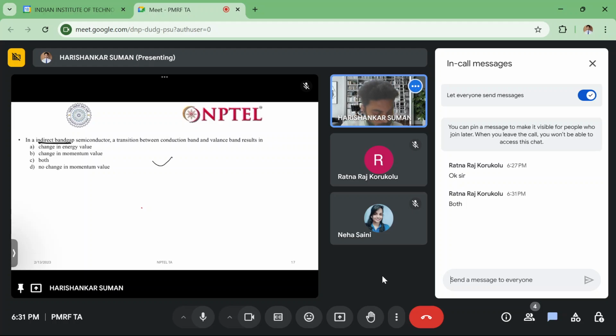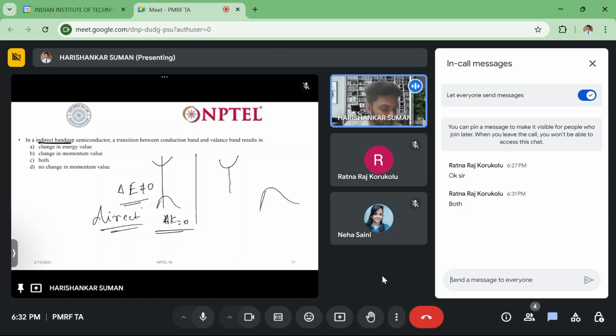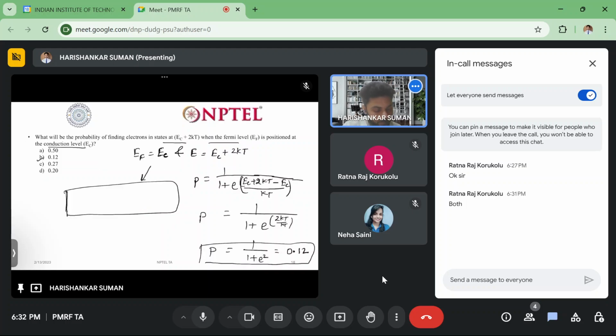So for direct, delta K should be 0. Momentum should not change, only energy will change. For indirect, delta K is not equal to 0: momentum also changes and energy also changes. So both. You're right.